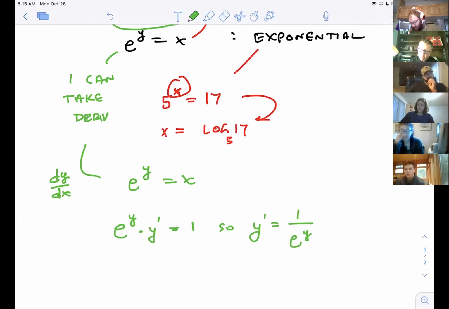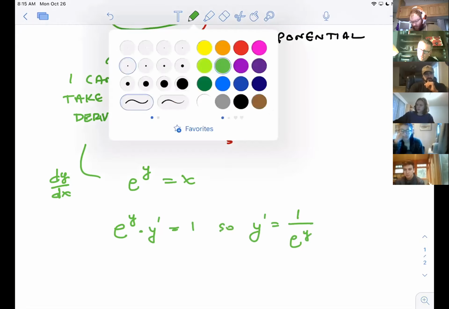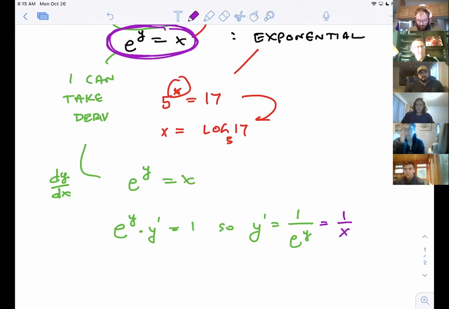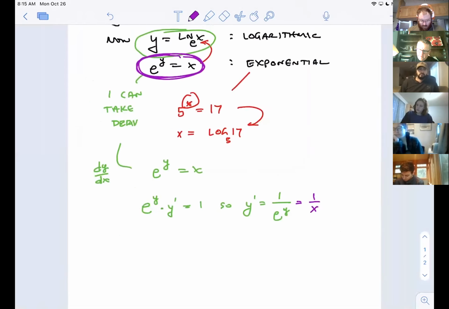And since it is true back here that e to the y is equal to x, I could replace that with x, make it 1 over x. So what are we saying?